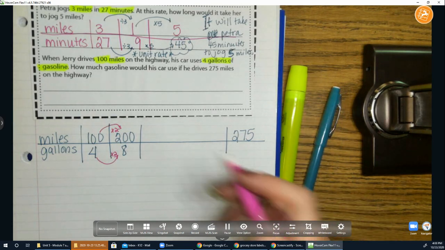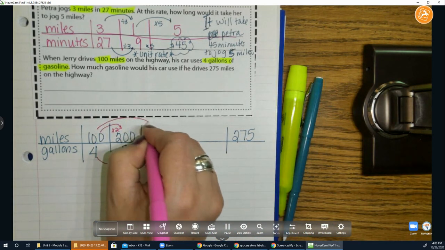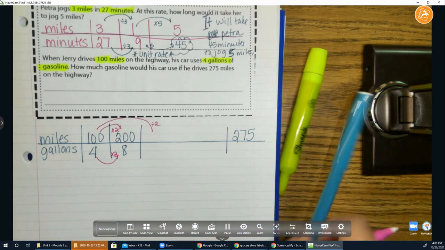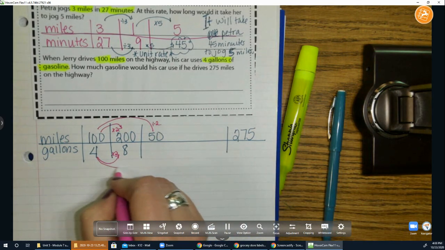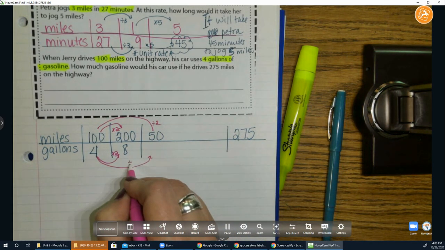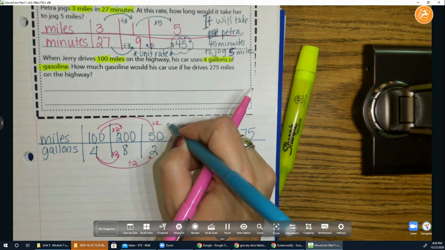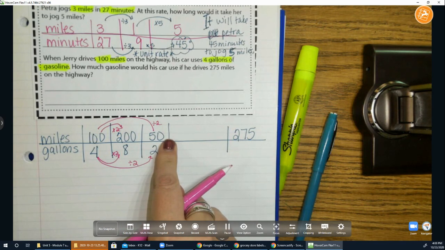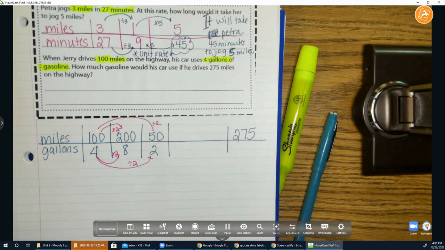Well, if I halved 100, divide it by 2, I get 50. That's close. Right? And then if I halved 4, I would get 2. So now I can get 250. So I'm only missing 25.